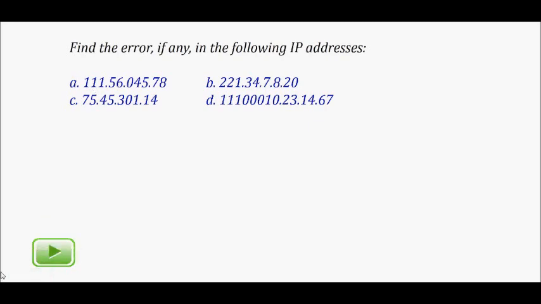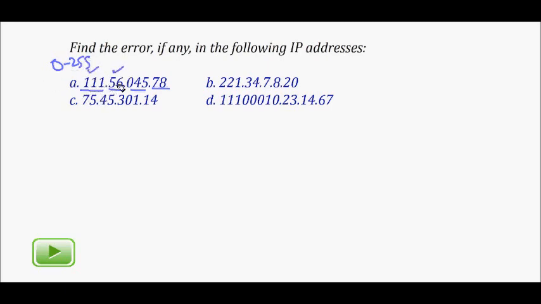Find the error, if any, in the following IP address. So is there any error? Let's try to see. This is 111.56.45.78. We have 8 bits in each, so each of these dotted decimals should not be more than 255.